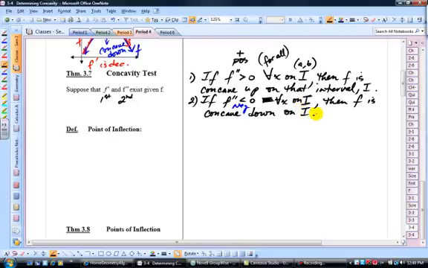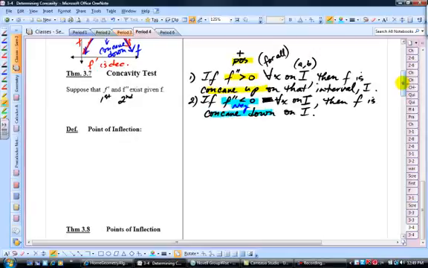So if the second derivative is greater than 0, which means it's positive, you're concave up. If the second derivative is negative, it's going to be concave down. It's called a second derivative test, or a concavity test, and we need to take two derivatives of the function to make that happen, and we do a simple sign analysis.